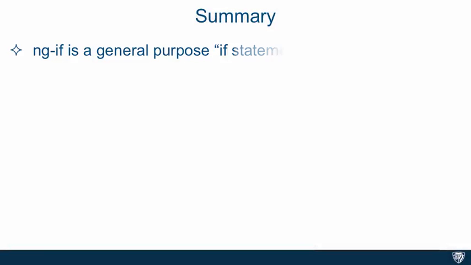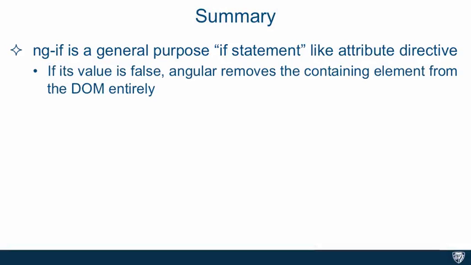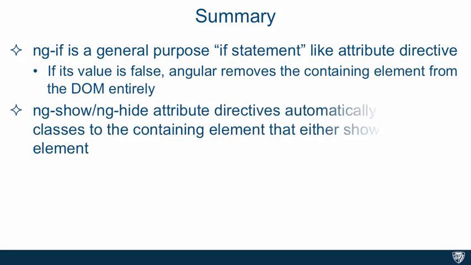So let's summarize. ngIf is a general purpose if statement-like attribute directive. If its value is false, Angular removes the containing element from the document object model entirely. ngShow and ngHide attribute directives automatically attach CSS classes to the containing element that either show or hide the element, depending obviously on their value.